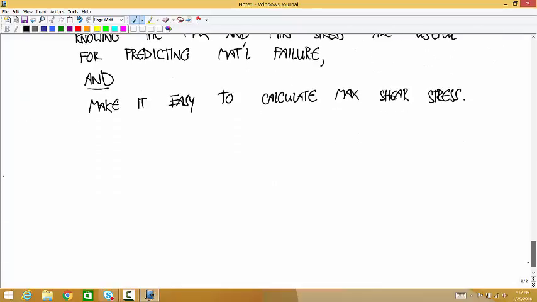Okay, so that's why this principal coordinate system is useful. It's useful for quantifying how likely something is to break.